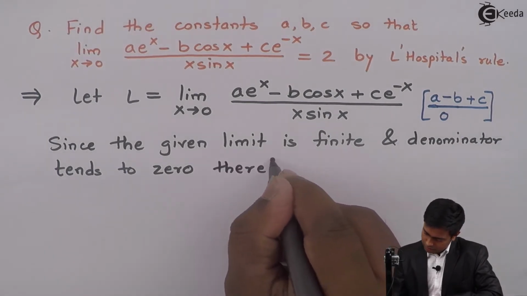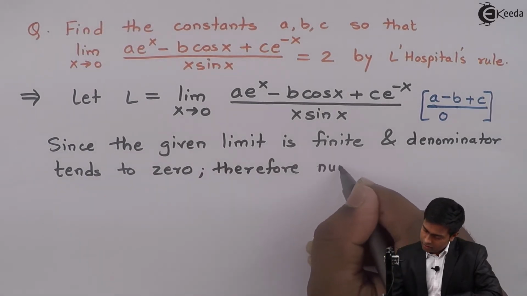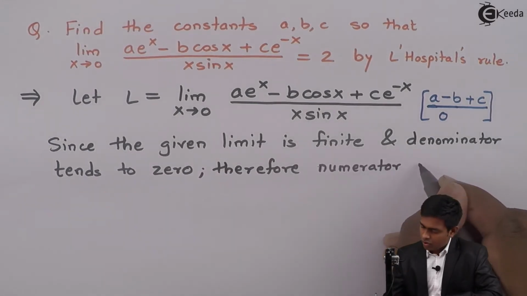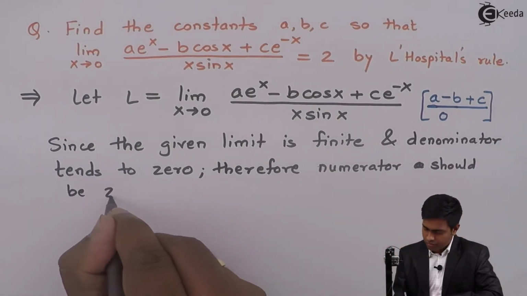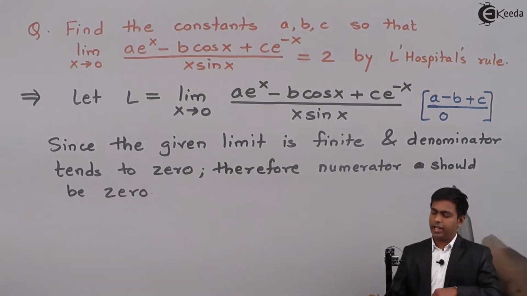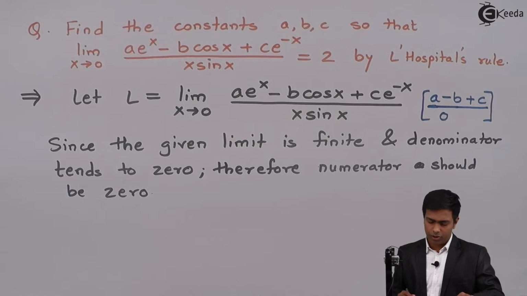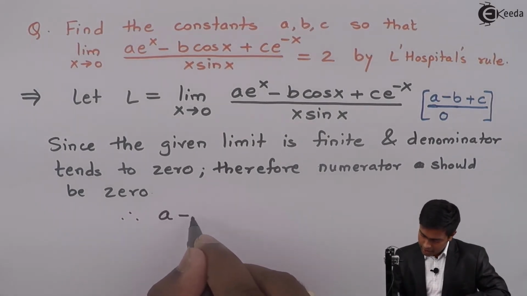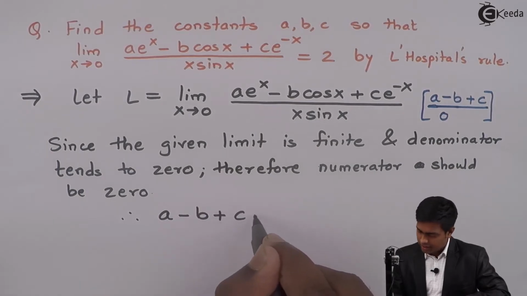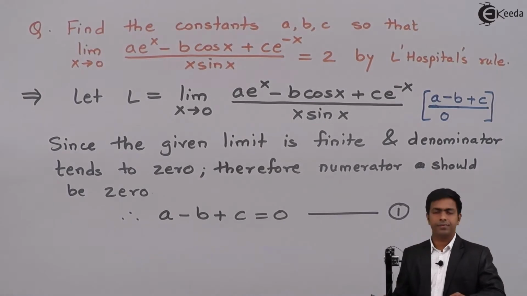Therefore, we will say that the numerator should be 0, because then only we will get an indeterminate form and we can apply L'Hopital's rule. So, therefore a − b + c = 0. Here we got the first equation.